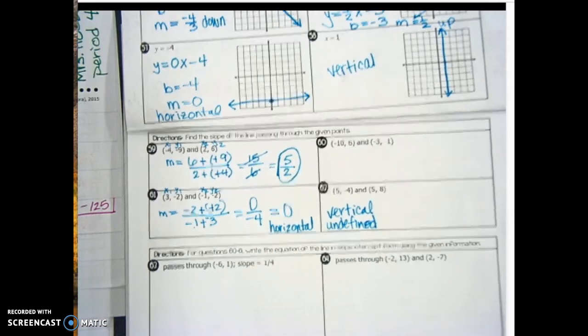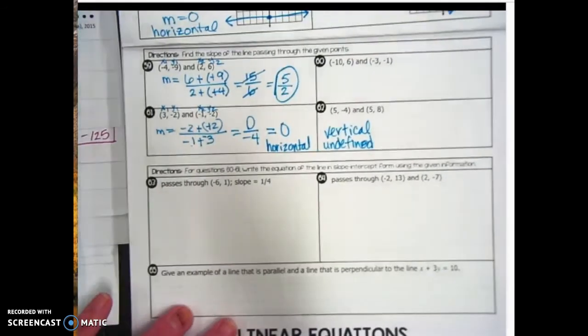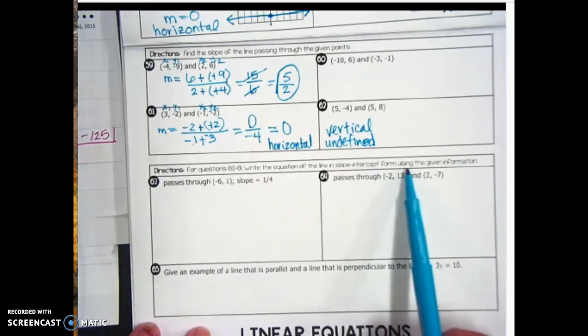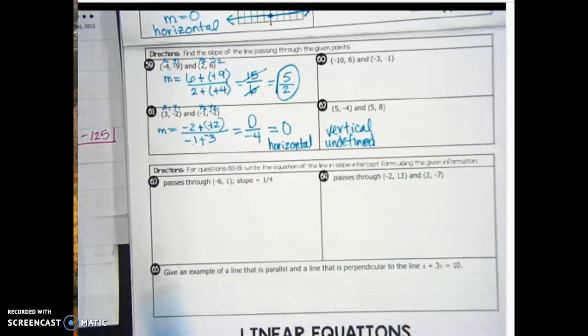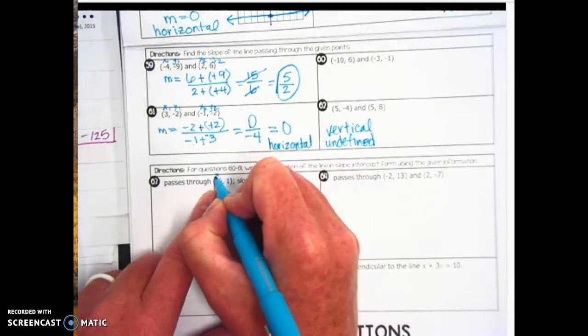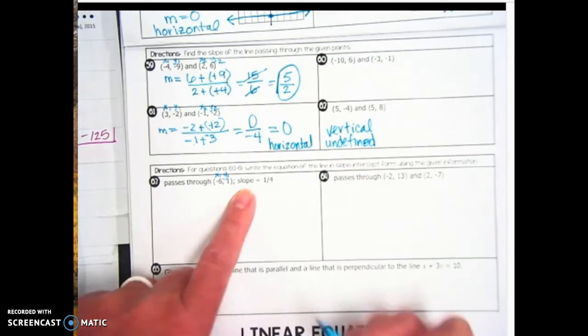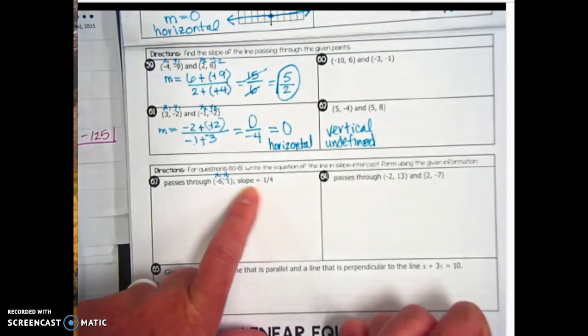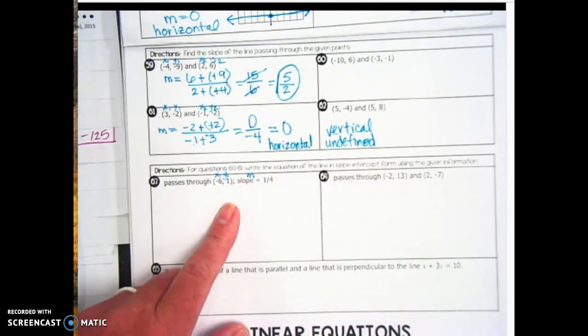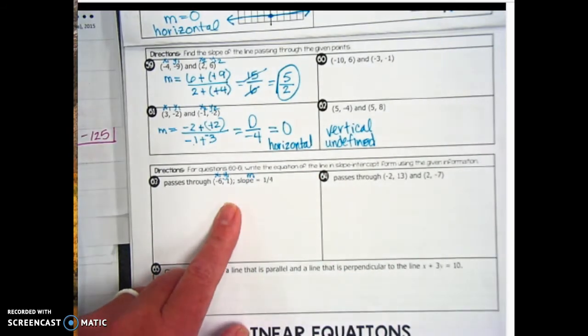All right, jumping down to box number 63. The directions say for question 60 and 61, write the equation of the line in slope-intercept form using the given information. So we've got a point, let's call it x1 and y1. We've also got a slope of 1/4. Let's call it m. So if you go up top, you're going to look at the last box on the right, which says point slope form.